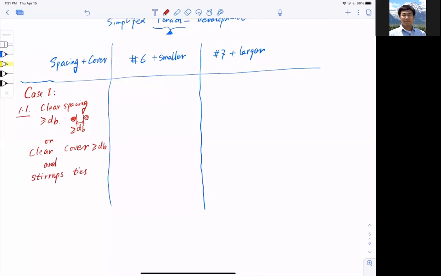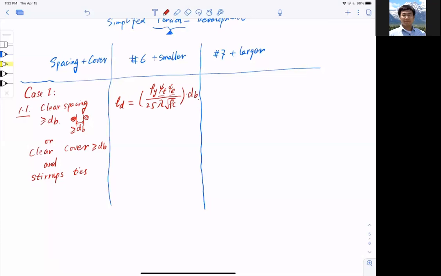So ACI says under this scenario, my development length ld equals a simpler equation: fy psi t and psi e, these two coating factor and position factor still there, divided by 25 lambda square root f prime c, multiplied by dB. It's much cleaner. No more 3 over 40, no more psi s bar parameters.